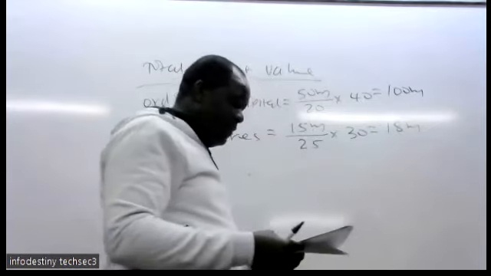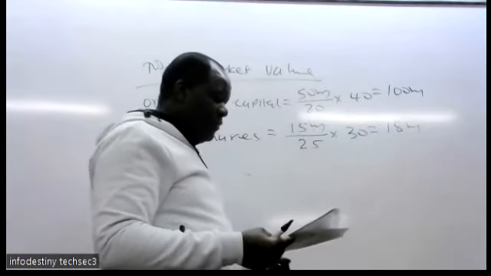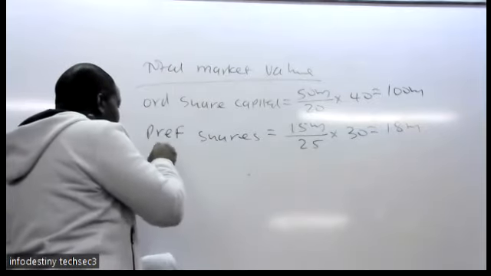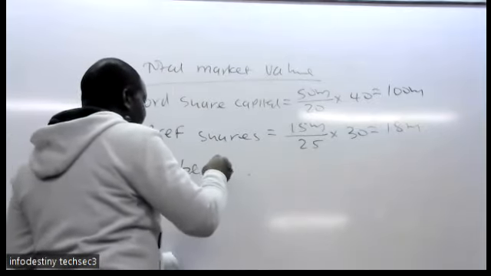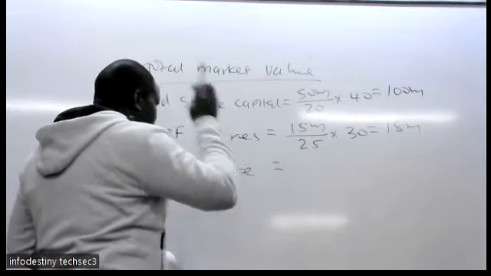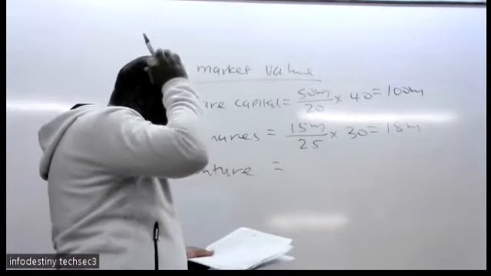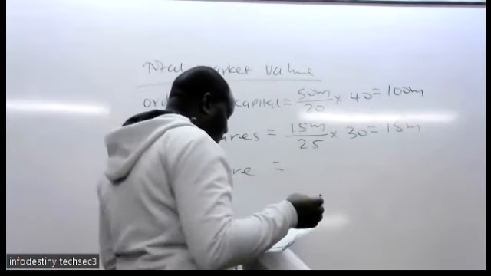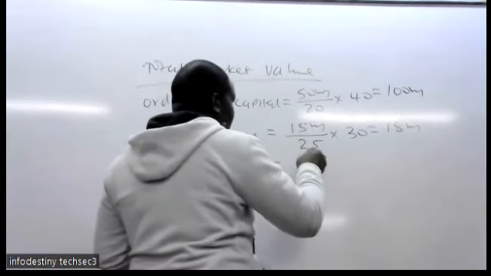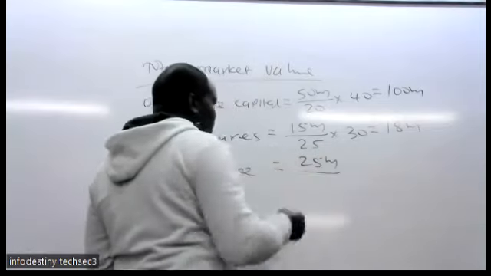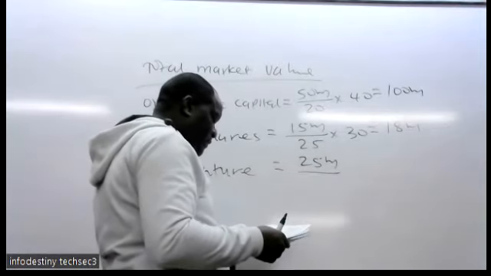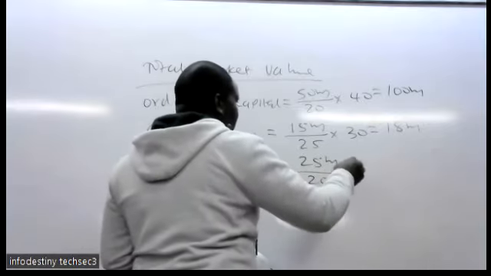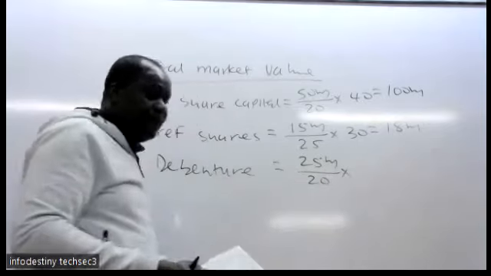Finally, we go to the debentures. For the debentures, it should be 25 million divided by the par value, which was 20.